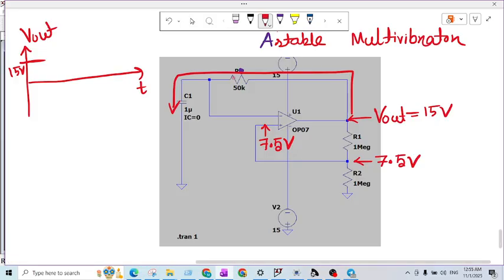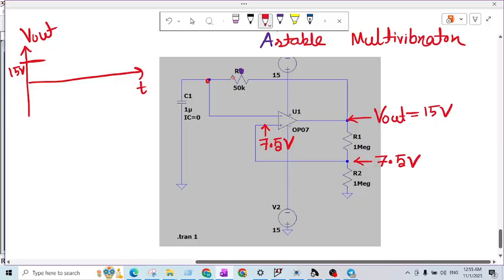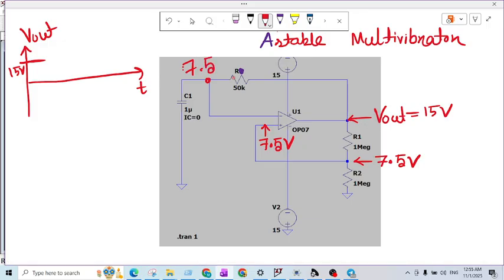So that means capacitor will be charged, and this capacitor's voltage will be 1 volt, then after some time 2 volt, 3 volt, and gradually it will become 7 volt, 7.5 volt, and then when this voltage will become slightly greater than 7.5, let's say 7.001, you see this voltage appears here.